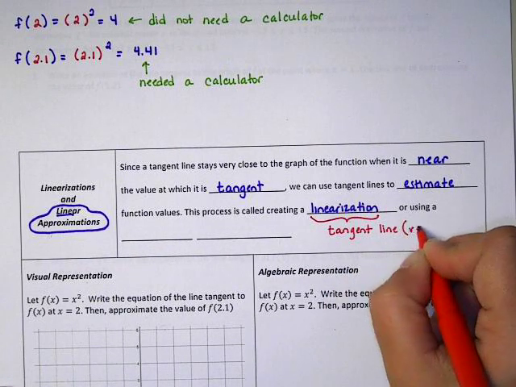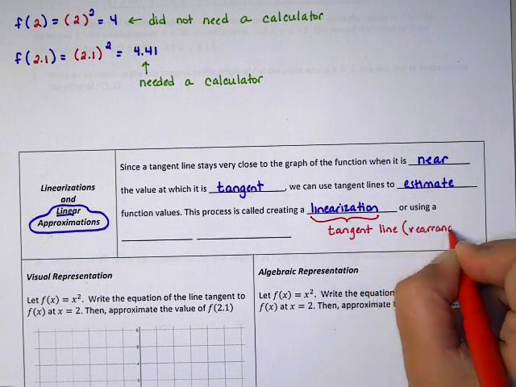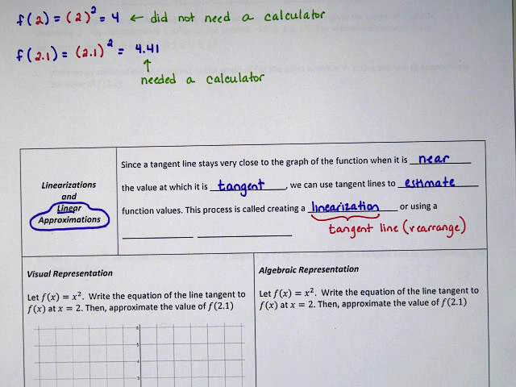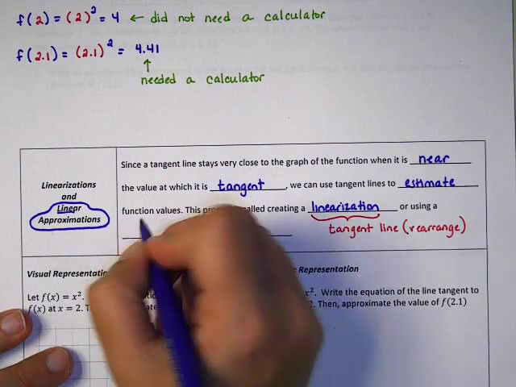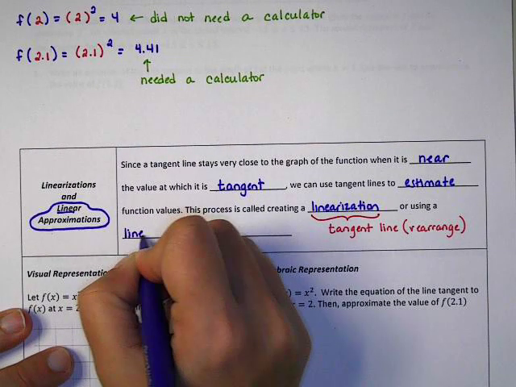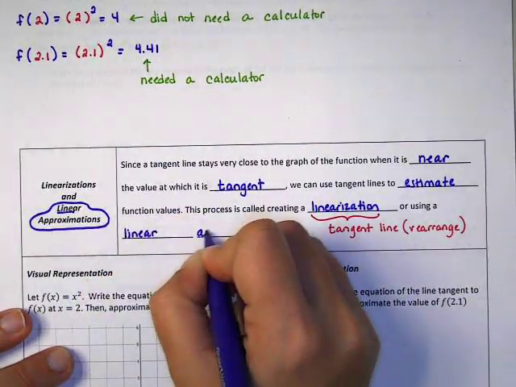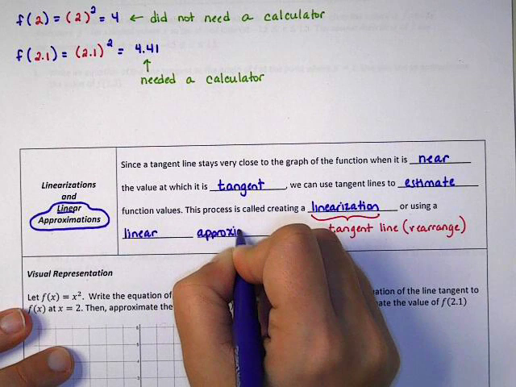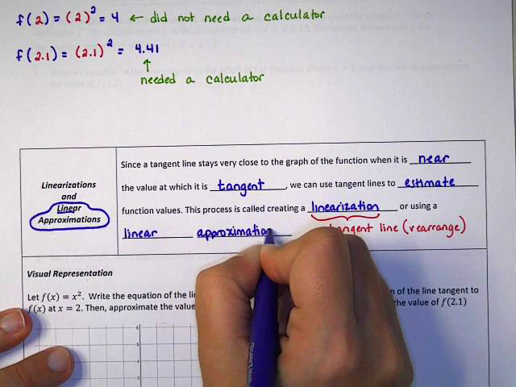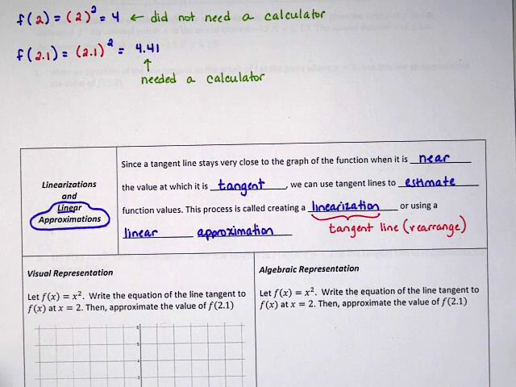But we're going to rearrange the equation a little bit to make it more useful for estimating values. So if I say linearization or if I say linear approximation, those two things mean the same thing.